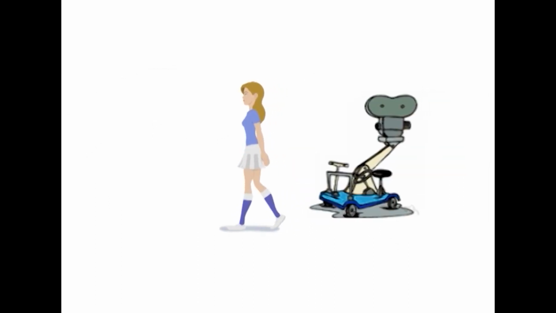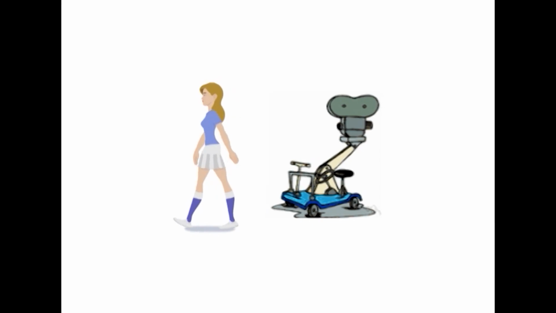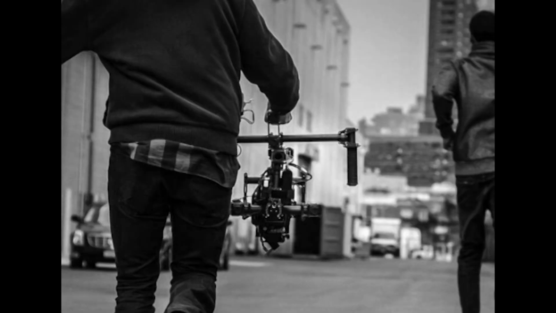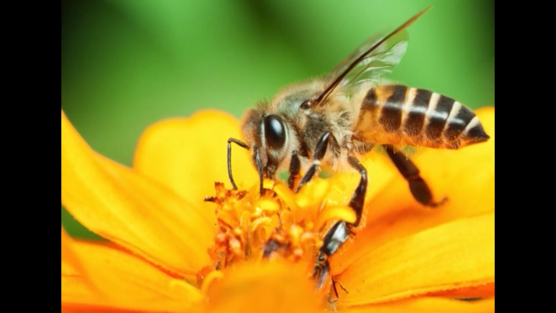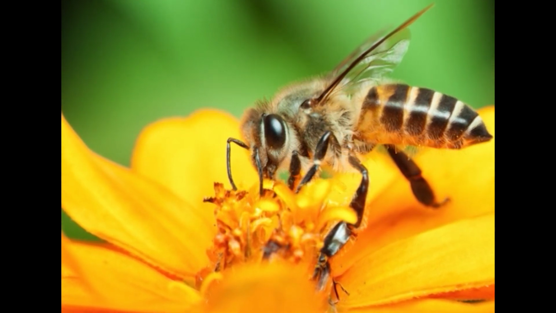Dolly shots are used to track the subject when it is moving. Sometimes, holding the camera in the hands creates an effect of realism which can be witnessed in several major films. By using zoom lenses, we can create movement without actually moving the camera. Here, the magnification of the object being filmed will be changed.